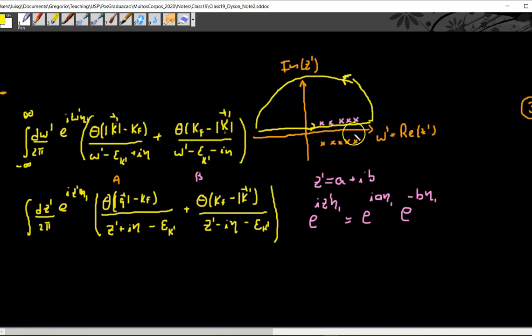So meaning that the integral for this part will be 0, and I'll only enclose these poles over here, so b has to be larger than 0. B larger than 0, so that the integral here goes to 0, and we can perform this integral.